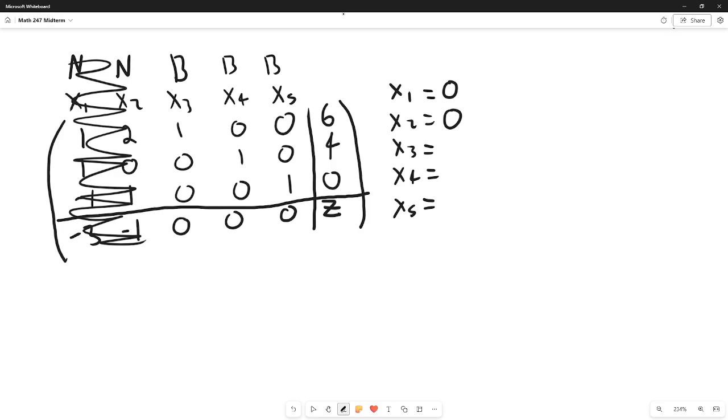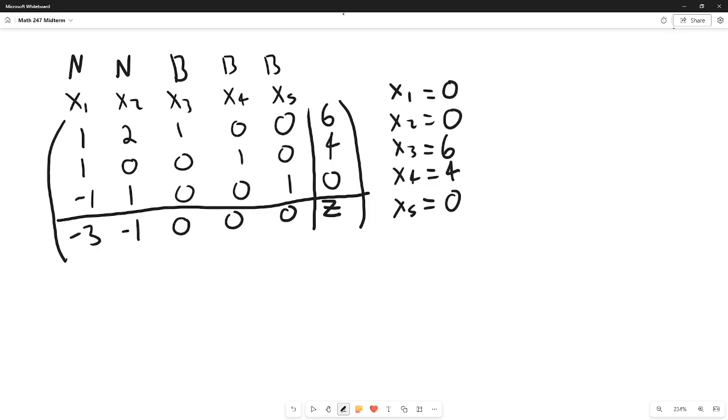And then from there, we use that to identify the values of x3, x4, and x5. x3 is equal to 6, because you can think of this as x3 plus 0 is equal to 6. x4 is 4, because you can think of it as 0 plus x4 plus 0 is 4. x5 is equal to 0, because you can think of this as 0 plus x5 is equal to 0. So we have 6, 4, 0. And this is our first solution.